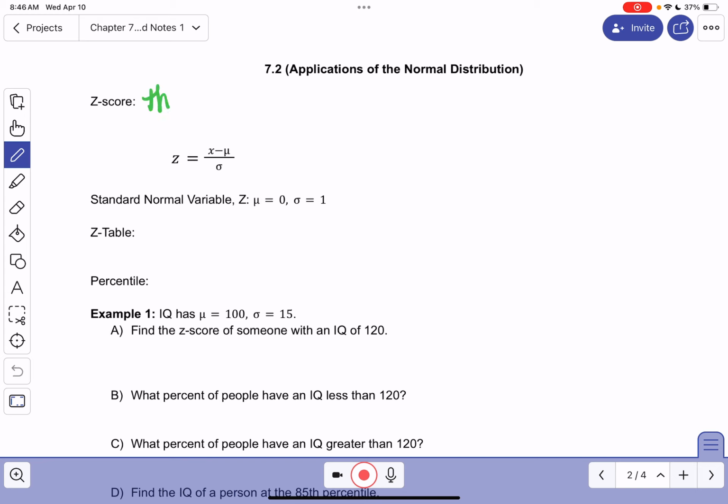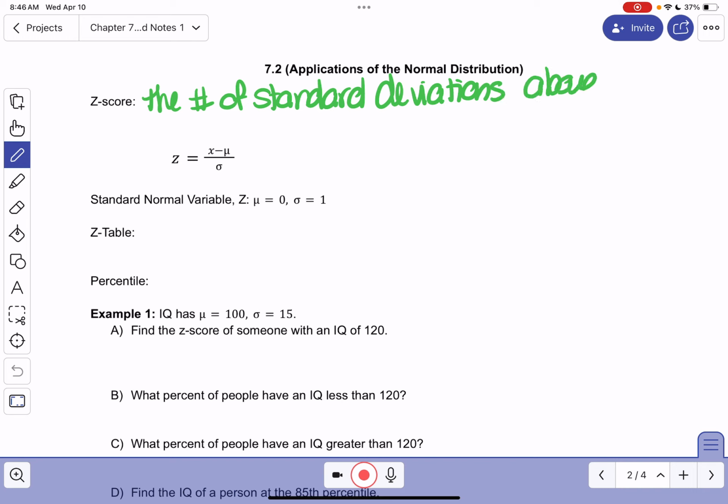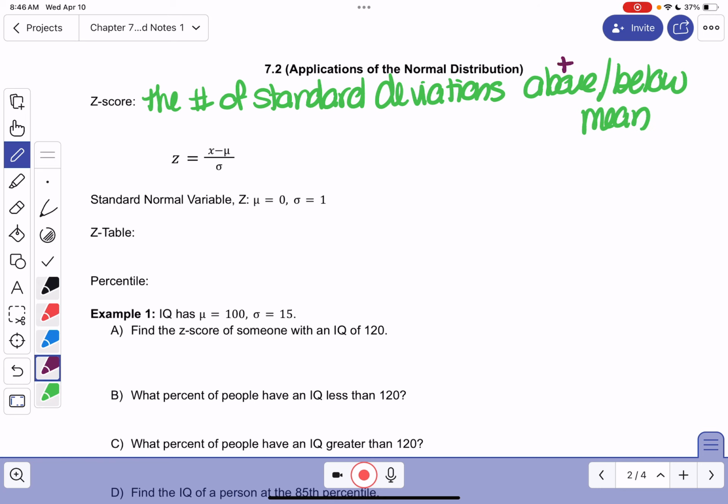And the z-score is the number of standard deviations above or below the mean. So if it's above, you're going to have a positive number. If it's below the mean, you're going to have a negative number. So x is that number.